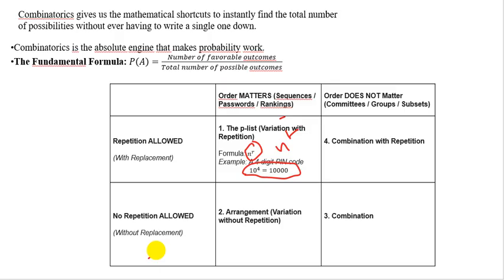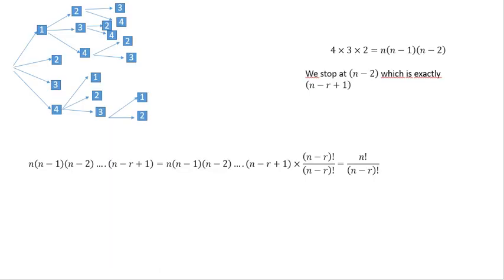Here we cannot put 1, because 1 is already here, so we cannot add it here. So once we got 1, for the second we can only choose 2, 3, and 4. So we need to remove 1.